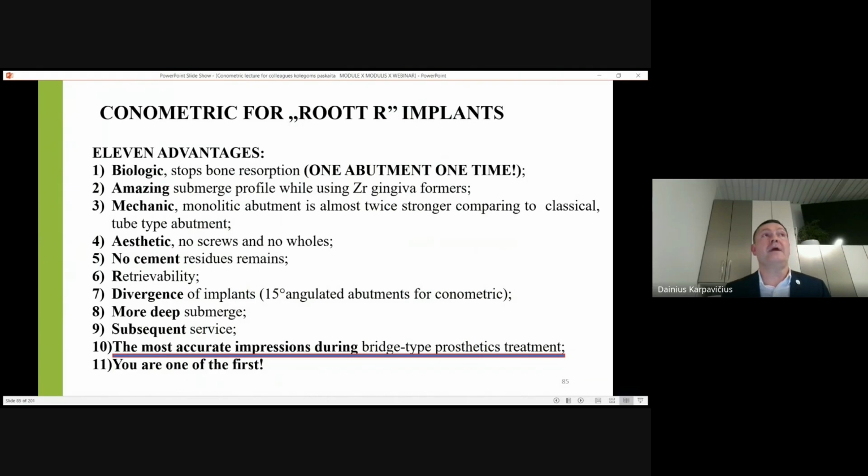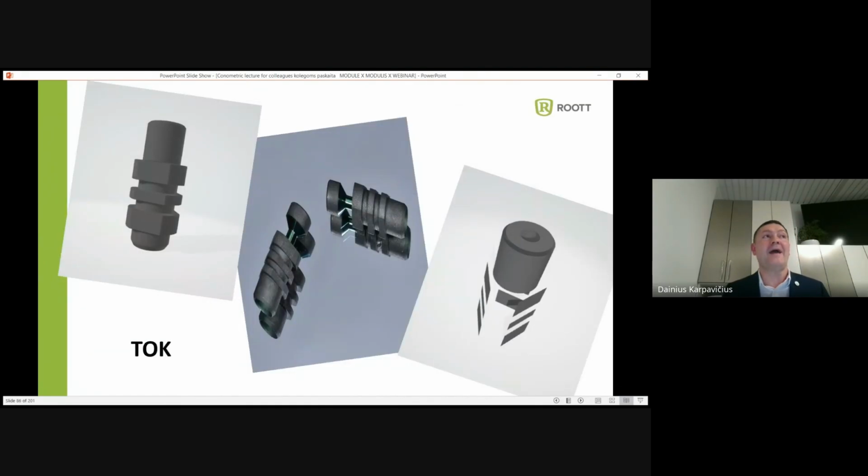And talking about impressions, conometric again gives a very special, very unique precision. If we put a conometric round that goes to the lab, we can make an impression straight from the conometric round, not from the primary abutment, not from the implant. We have created these nice transfers for impressions, and these transfers are 4-in-1.